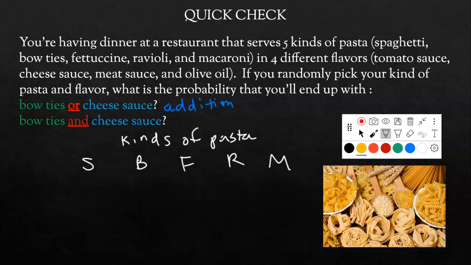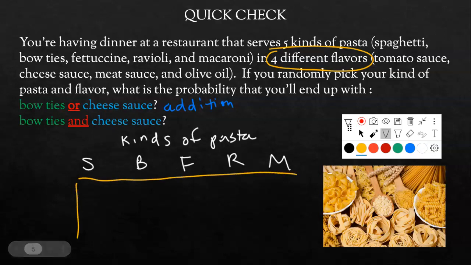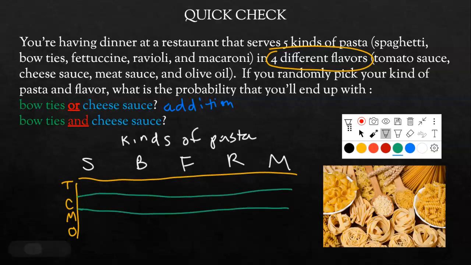Those are my possibilities. And then the sauces I'll put on this side. So we can have tomato sauce, cheese sauce, meat sauce, and olive oil. So if I created this chart, it would show the combinations of all of these things.